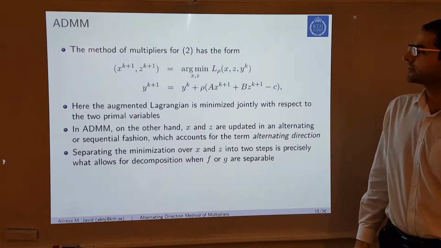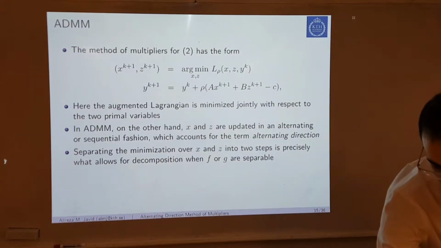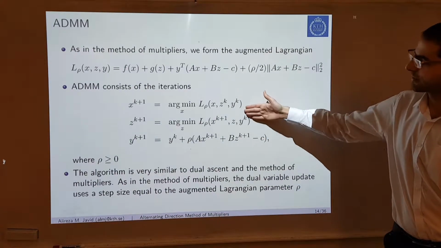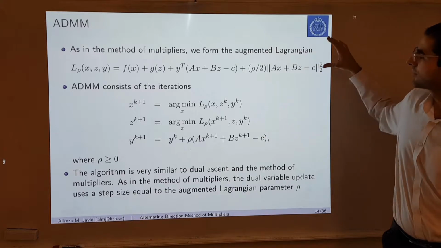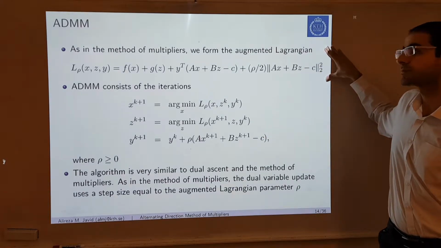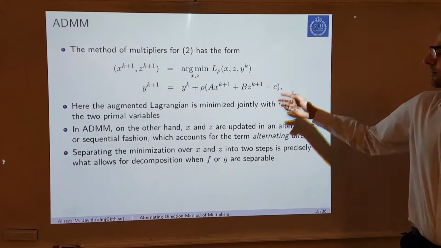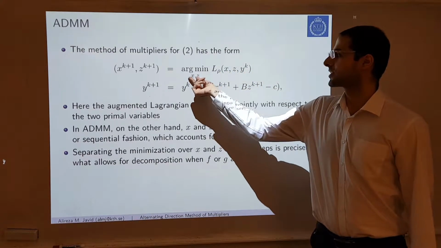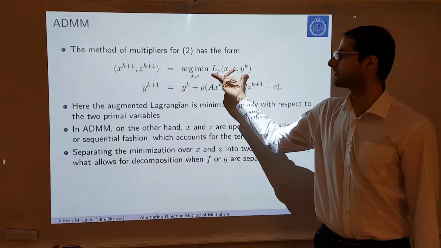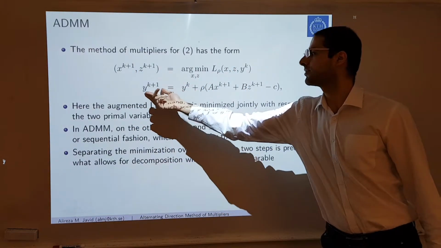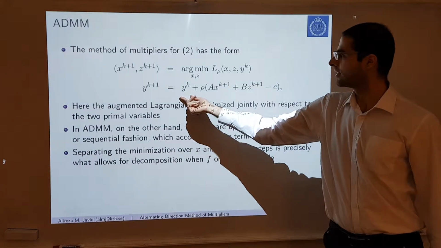Just to make a comparison with the method of multipliers, consider that we had this Lagrangian. Instead of ADMM's three steps, we want to use the method of multipliers for this Lagrangian. What you will do is, well, you have two variables, so you have to minimize over x and z of L rho. Then you will have an updated version of them. Then you will update the dual variable y.